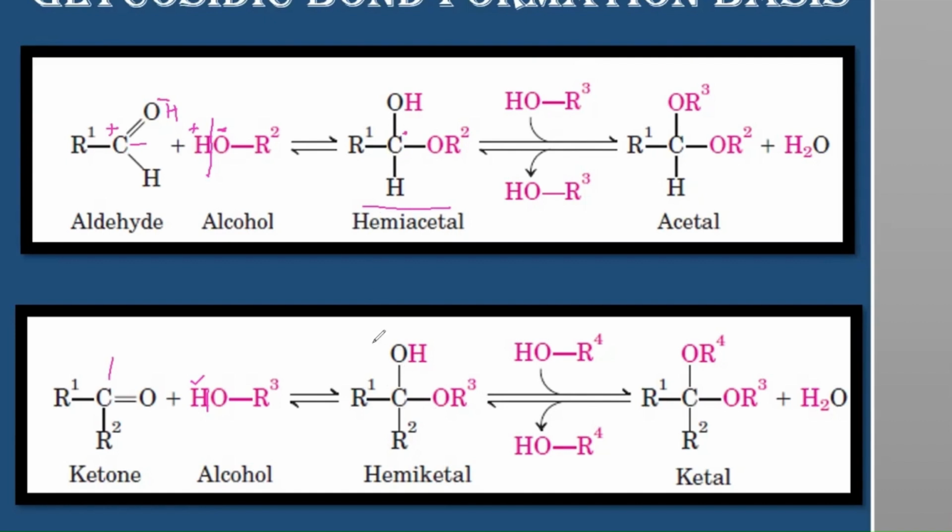So the only difference between the hemiacetal and hemiketal is that over here on the fourth side there is an H, while in the hemiketal, because it is formed from a ketone, there is no H around the carbonyl carbon, so over here there is another alkyl group. So this is what hemiacetal and hemiketal are.